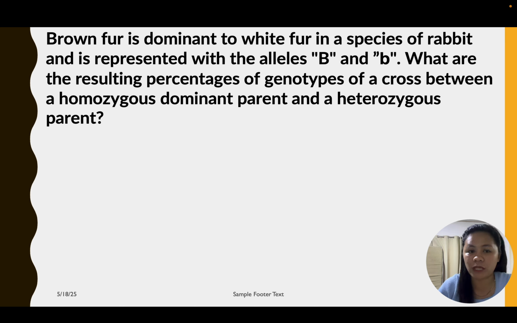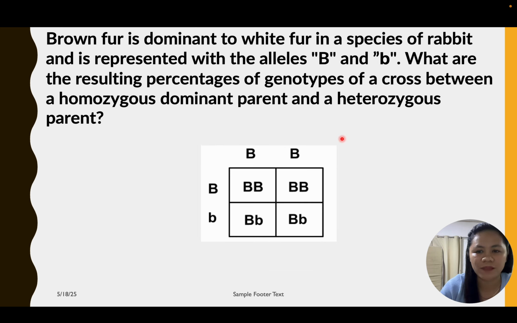We're talking about genotypes here of a cross between a homozygous dominant parent, meaning big letter B na puro yung isang parent natin, and yung isa naman is heterozygous na parent. So, one big letter B and small letter b, and it will look like this. Based on that Punnett square, I want you to guess ano yung magiging result, and take note, it is genotype.